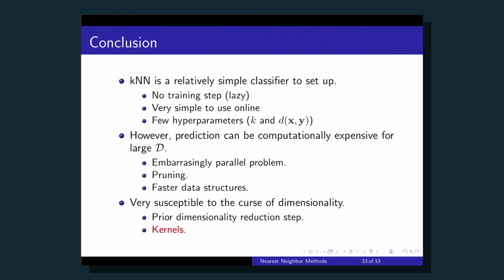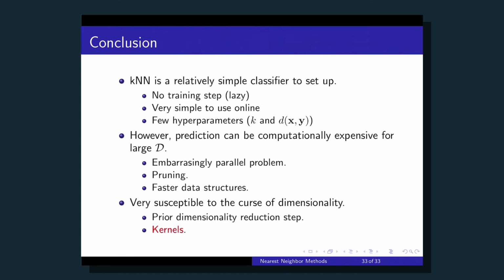It's also very simple to use online, meaning you can build the model once and you don't have to do offline or batch training every now and then. As long as you get new training examples, you can just append them to the database and they start getting used as part of the classification immediately.